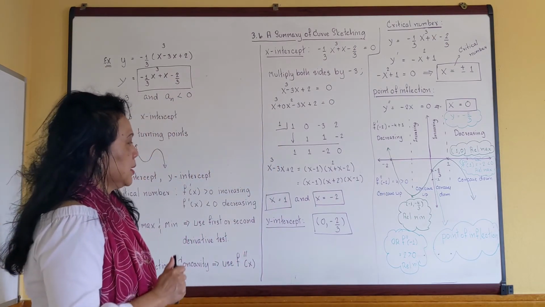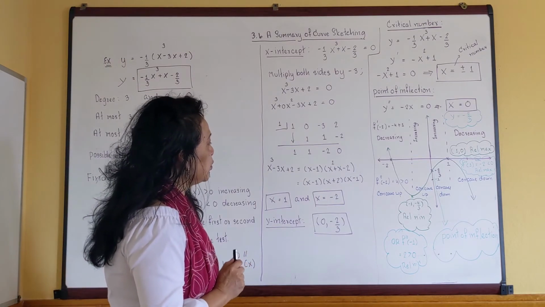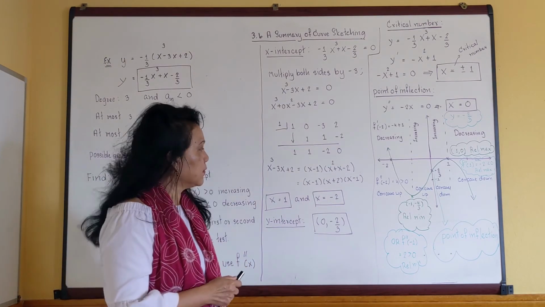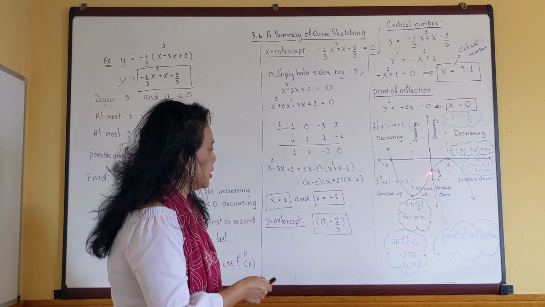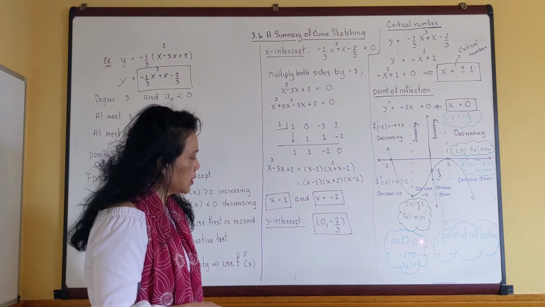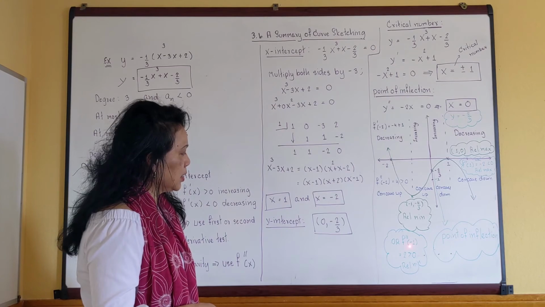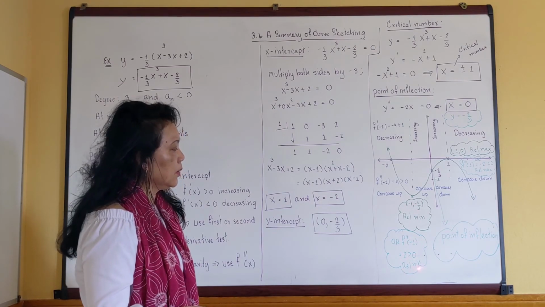Let's see, what am I missing? Relative min. Okay, relative min, if you use the first derivative test, you see it's decreasing and then increasing. That's the first derivative test. It tells you relative min. If you use the second derivative test, you plug in the critical number here, then you're going to see it's greater than 0, so it's a relative min.